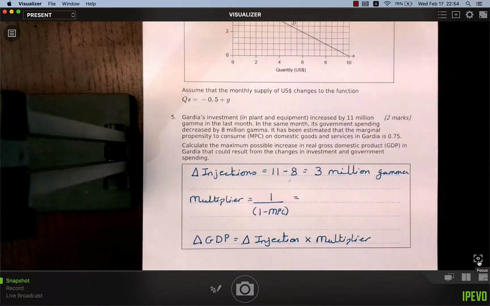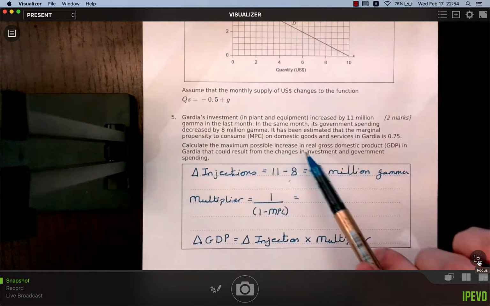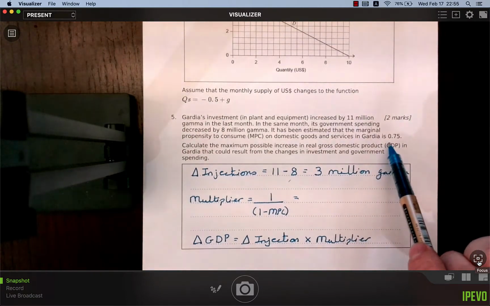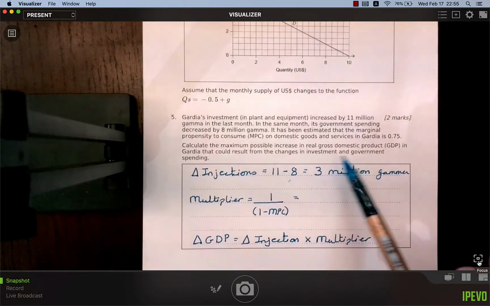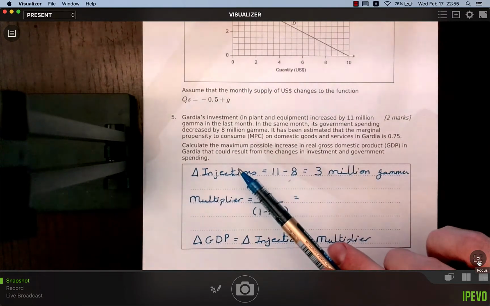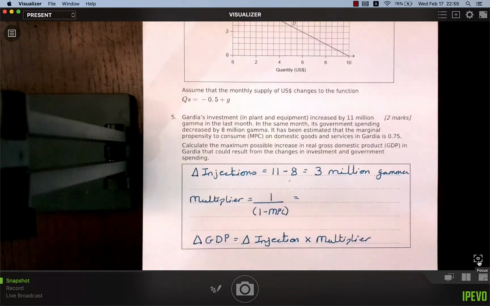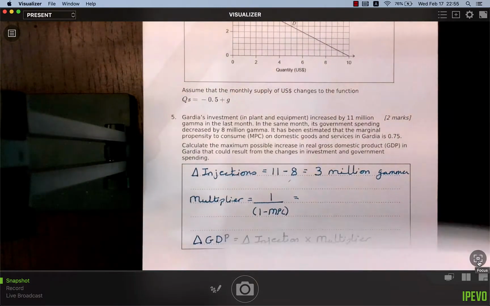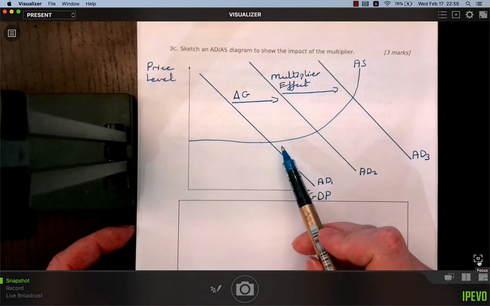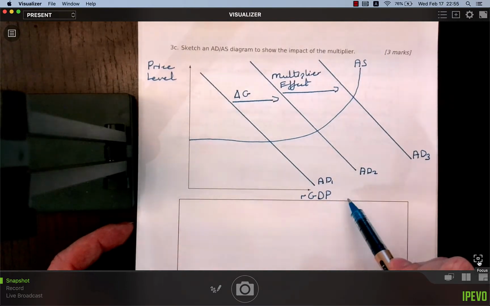It has been estimated that the marginal propensity to consume, the MPC, on domestic goods and services of Guardia is 0.75. Calculate the maximum possible increase in real GDP in Guardia that could result from the changes in investment and government spending. The reason it says maximum possible is that, as we've seen, not all of this increase in aggregate demand results in a direct increase in real GDP.